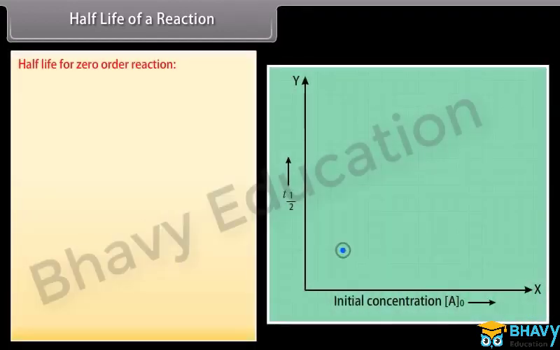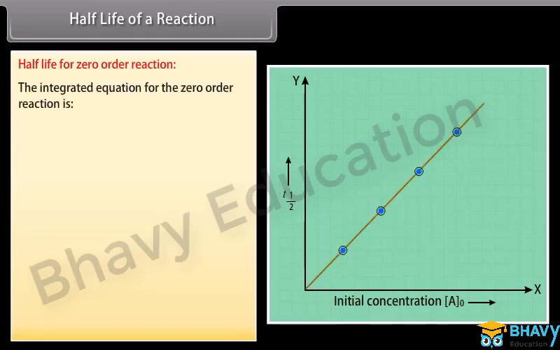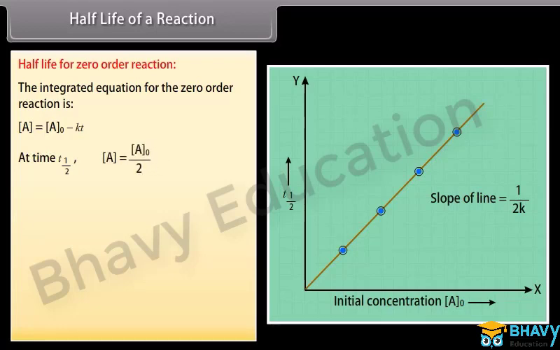Half-life for zero-order reaction. The integrated equation for the zero-order reaction is A is equal to A naught minus Kt. At time T half, A is equal to A naught by 2, or A naught by 2 is equal to A naught minus Kt, or Kt half is equal to A naught by 2.